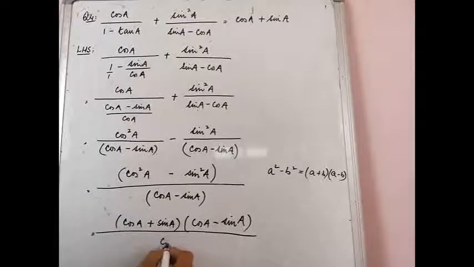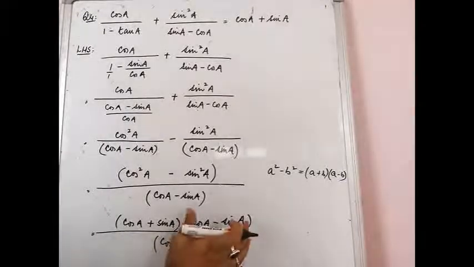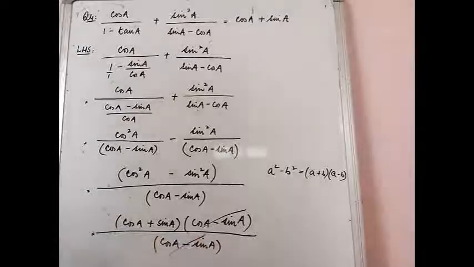Now why and in what way is this expansion useful? You can easily have a look at what is present in the denominator. What is present in the denominator is exactly this portion. So this entire bracket gets cancelled with this entire bracket, thereby leaving only cos A plus sin A in the numerator.